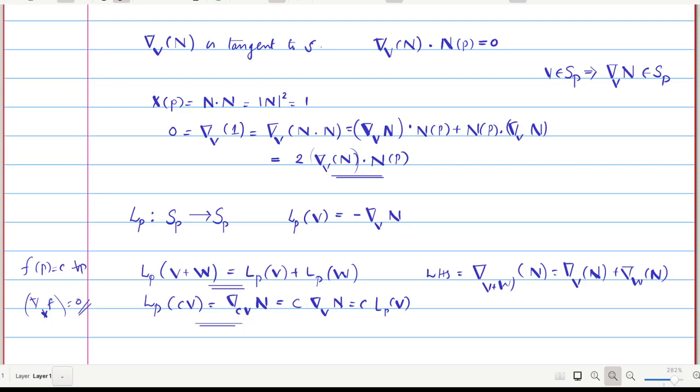This linear transformation is called the Weingarten map. We will use this Weingarten map to study the rate of change of the normal vector field as we move along the direction of V. So if you have a surface like this, when you move along this direction, if this is V, we can get LP of V. Both are in the tangent space of S at this point.